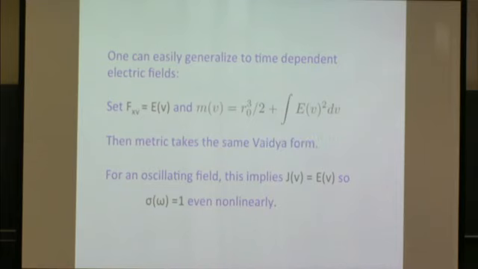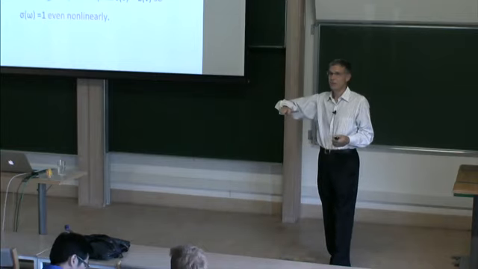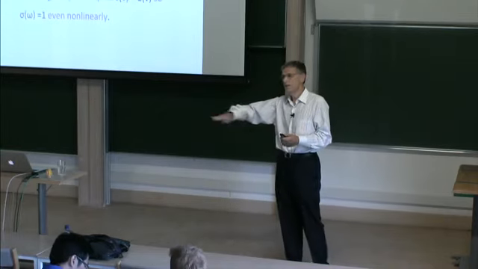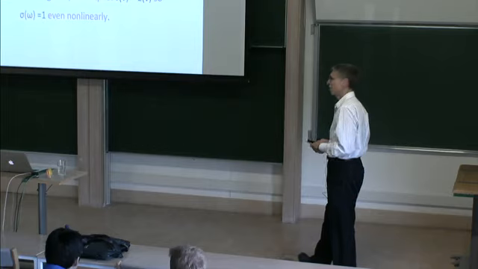The metric still has the same Vaidya form, and F is just given by that. So you now can turn on an electric field at any rate you want, keep it constant for a while, and turn it off. You have an exact solution for that.